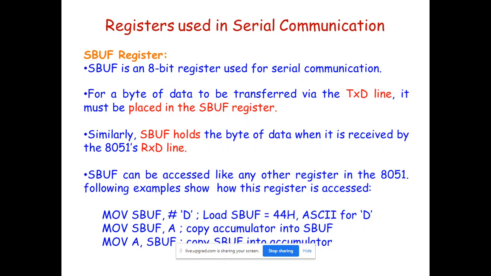Our controller does not operate on a bit, it operates on a byte, so all 8 bits are taken inside first, and then you inform the controller that a new byte has entered, please read it. All of you agree with this? In this fashion, all the data is taken one by one through the RX pin and held somewhere, and that register is called the SBUF register.